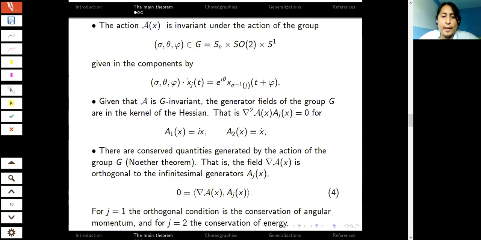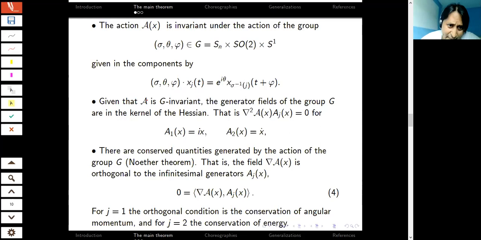So if I take a function x in components, and I want to define an action of G on that x, it's just taking the components. So sigma is a permutation, theta is an angle, phi is an angle. So if I apply that element of the group to x_j, that's going to be just rotation, permutation of the vortices, and then phase shift. Okay, so what is the interesting thing?